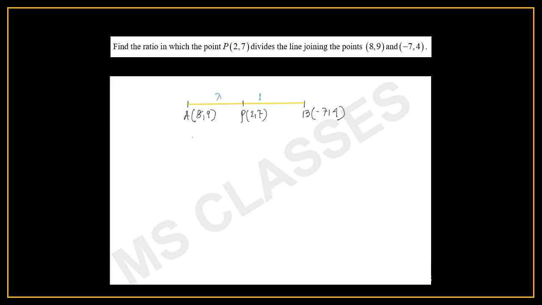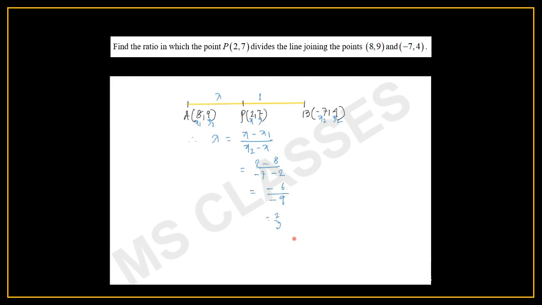So we can say this is (x1, y1), this is (x, y), and this is (x2, y2). As per the formula we have learned, (x minus x1) by (x2 minus x). So here 2 minus 8 by minus 7 minus 2, that is minus 6 by minus 9, which is 2 by 3.